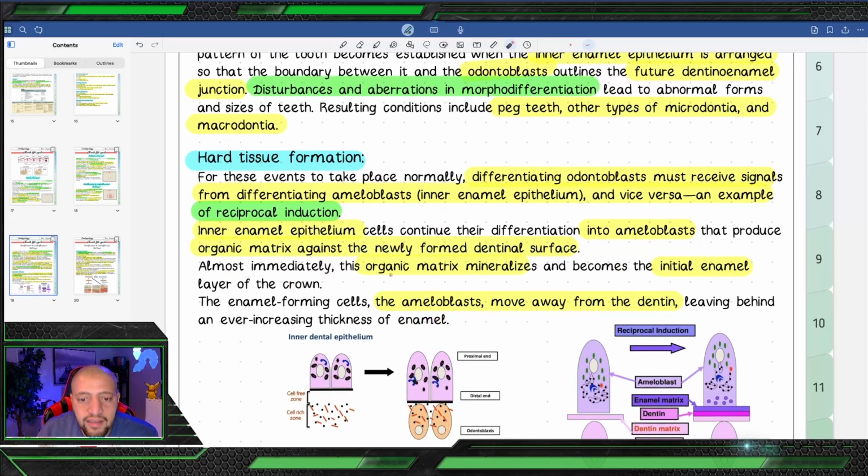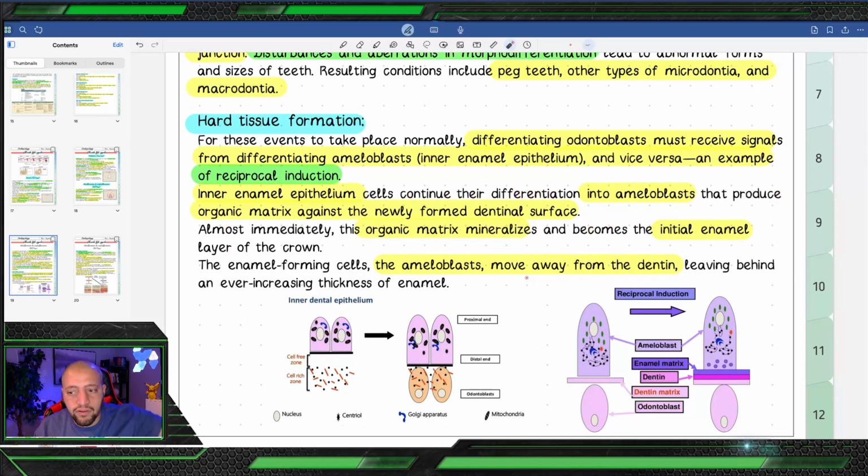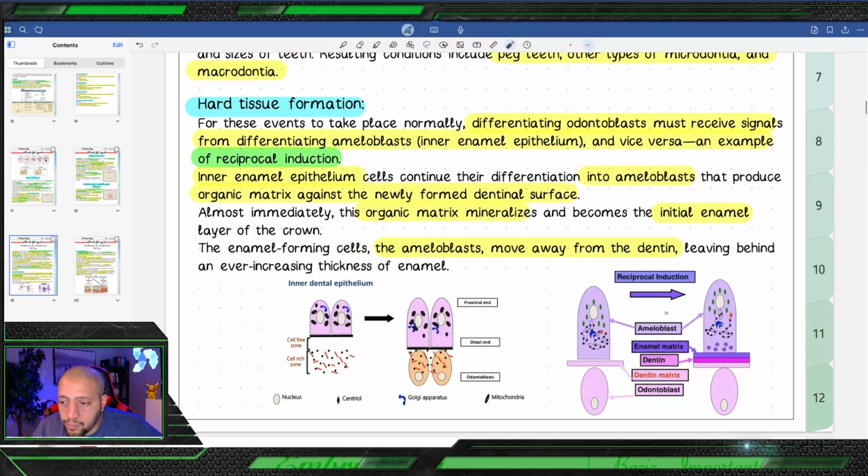Almost immediately, this organic matrix mineralizes and becomes the initial enamel layer of the crown. The enamel forming cell, which is ameloblast, moves away from the dentin, leaving behind an ever increasing thickness of the enamel.